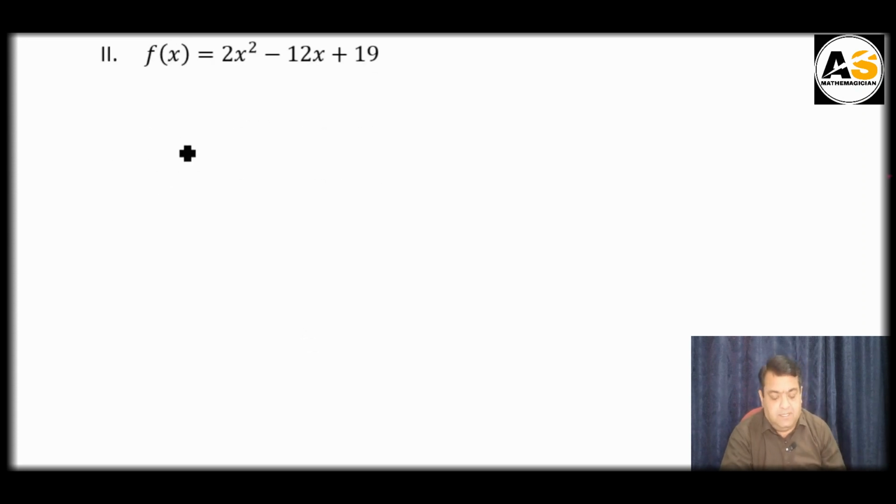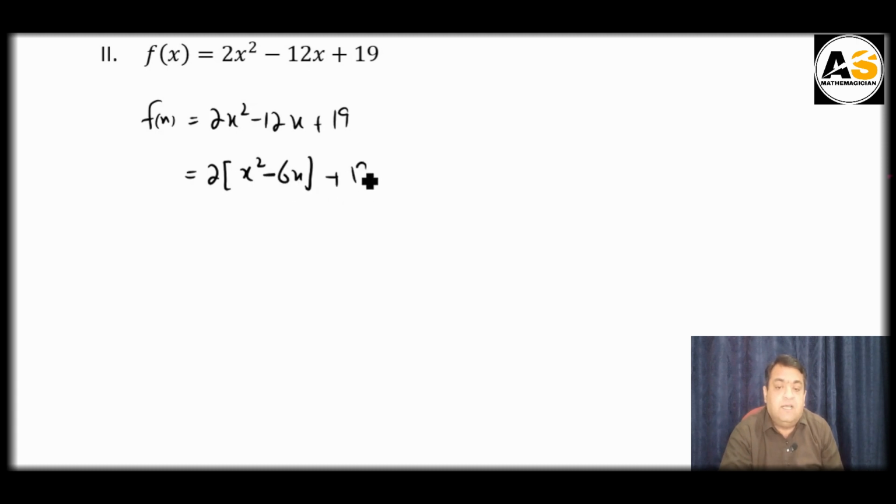Its second part, again a quadratic function is given. f of x is equal to 2x square minus 12x plus 19. To bring it into standard form, we will take out 2 from the first 2 terms, and now the square will be completed within the brackets. x square minus 6x plus 9 minus 9 plus 19.